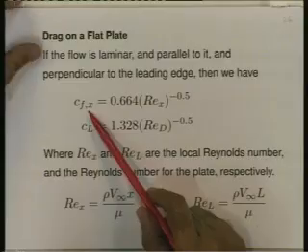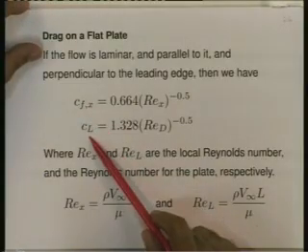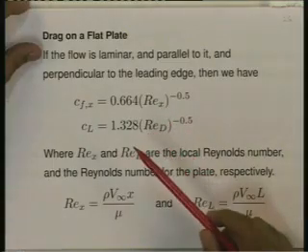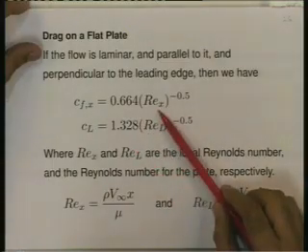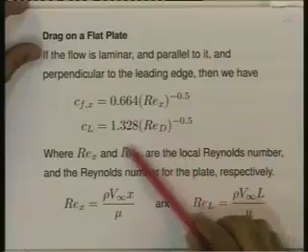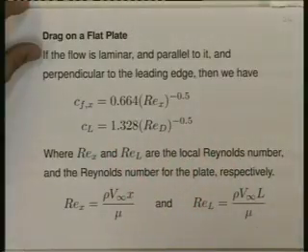It turns out that the local drag coefficient as well as the average drag coefficient is a function only of the Reynolds number. The local drag coefficient is a function of the local Reynolds number. The average drag coefficient is a function of the total or gross Reynolds number.